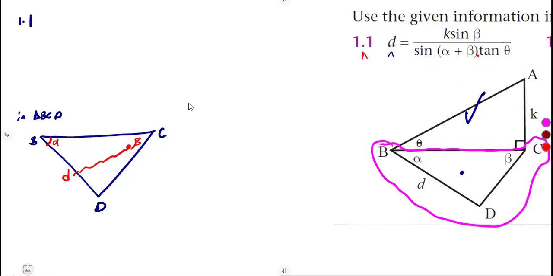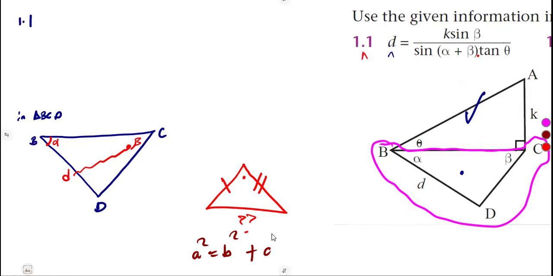Even if you're to use the cosine rule, remember the cosine rule to be used, we must have an included angle to determine that side. So if it was a condition where we are to use the cosine, even the presentation of this D, we know that for a cosine, remember A squared is equal to B squared plus C squared minus 2BC, the cos of what?